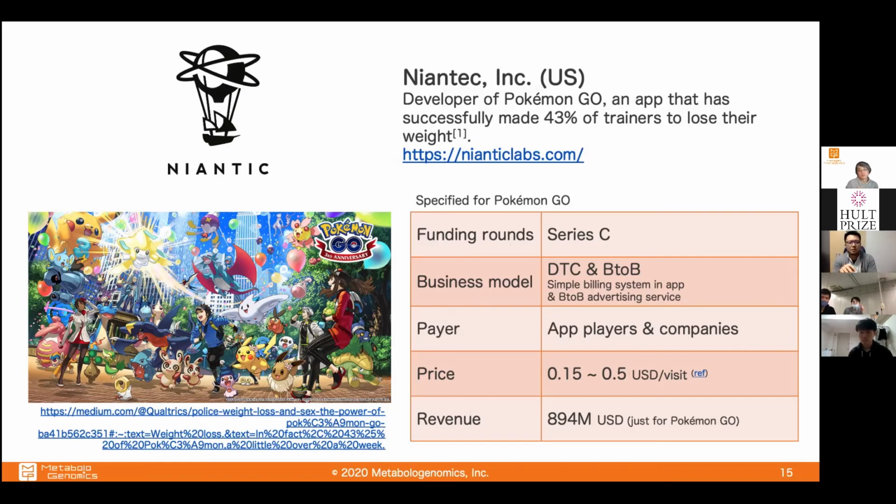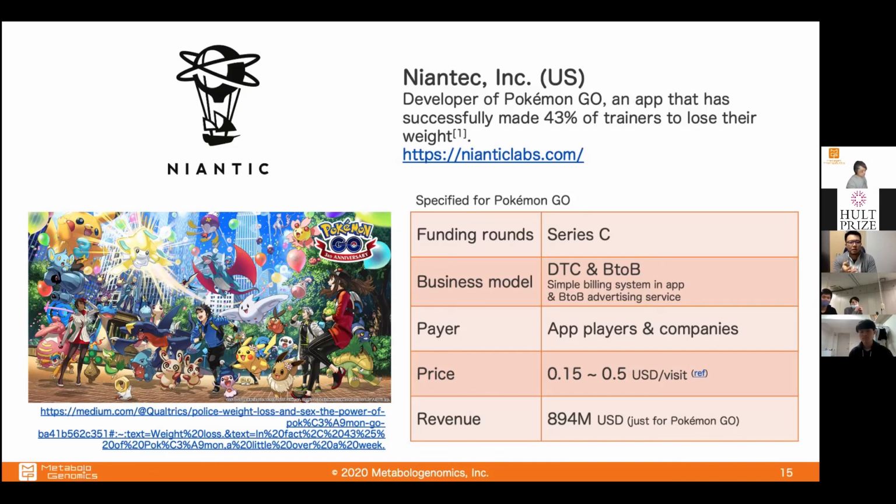But this game also creates a new business model for offering people, like shops or restaurants, location sponsorship. So basically, this game is a GPS-based game, so players are moving around. So this game can motivate people to visit a specific place.